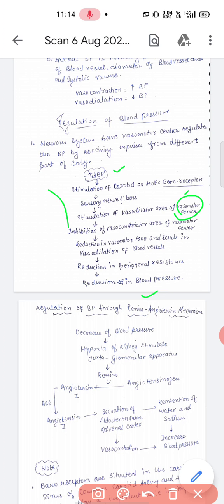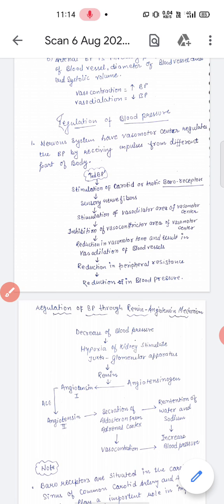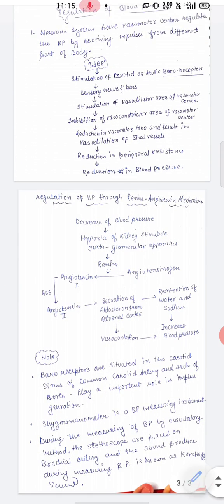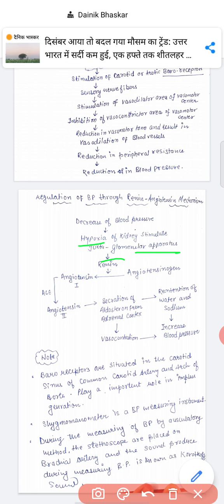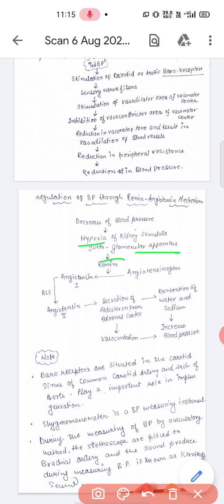Another mechanism is called the renin-angiotensin pathway. This is very important from the exam point of view. In this, a decrease of blood pressure may cause hypoxia, meaning lack of oxygen, in the kidney, which stimulates the juxtaglomerular apparatus located in your kidney, and the juxtaglomerular apparatus releases renin.